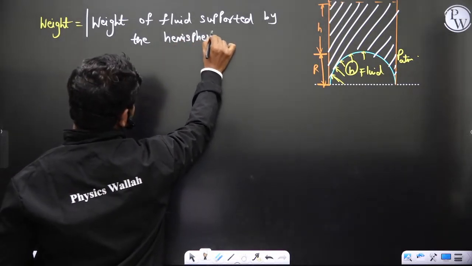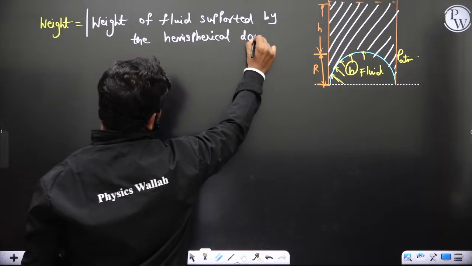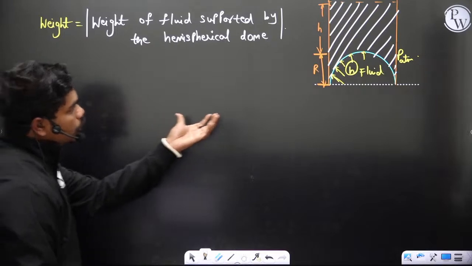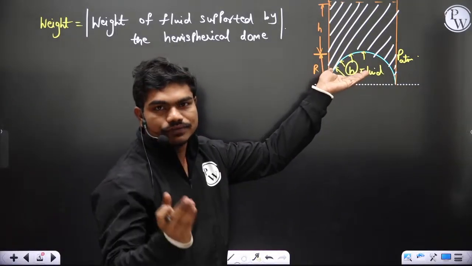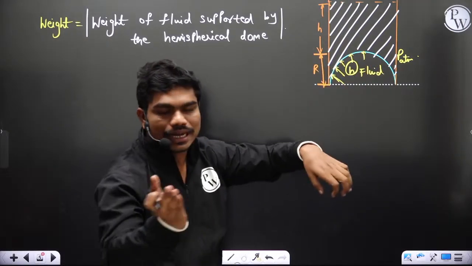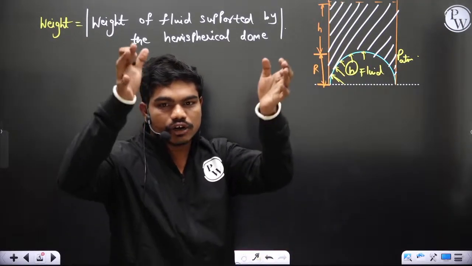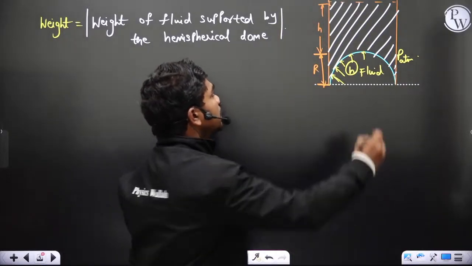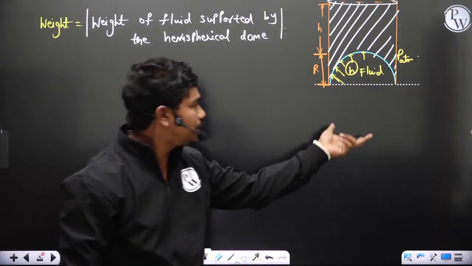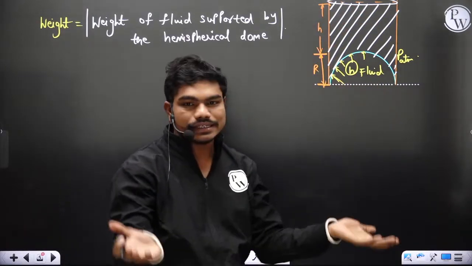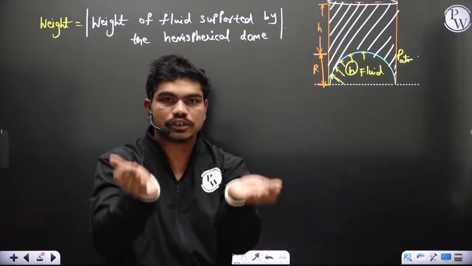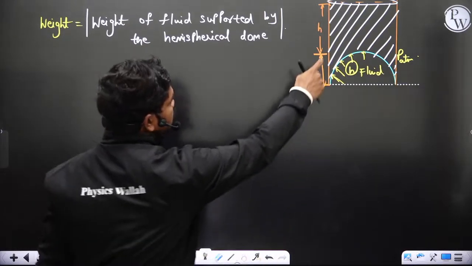Now obviously the base of this hemispherical dome is a circle. If you project this circle onto the top up to this height R plus H, can anyone tell me what is this cross section? This is a circle again, correct? Then the volume of fluid supported by this hemispherical shell will be like a cylinder, yes or no? Now what is this particular volume?